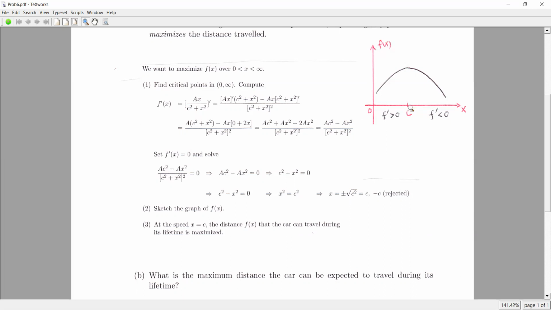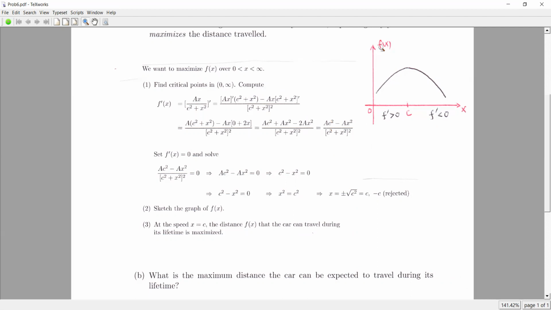Similarly, between C and positive infinity, arbitrarily pick a point, say 2 times C. Plug in 2 times C for the x here, then we will see that the derivative at 2 times C is negative. So everywhere between C and infinity, the derivative is negative.